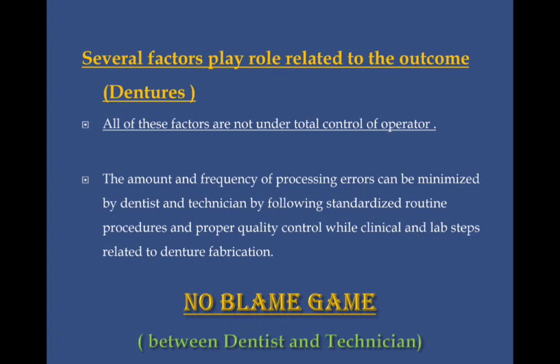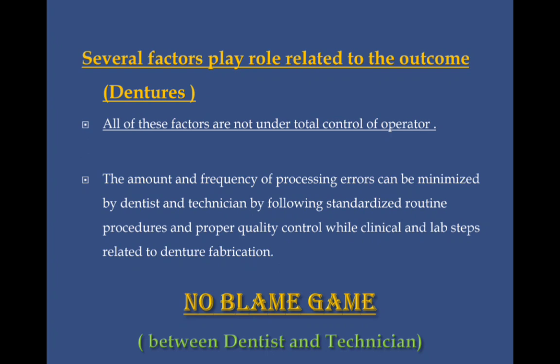Then tooth movement can happen. During the setting, flasking, deflasking and packing stages, tooth movement can happen. So the technician has to take care that tooth movement and everything is eliminated as much as possible. Then processing of denture molds, curing, packing. During finishing and polishing, there may be processing errors, processing stress, warpage, and other things which can happen.